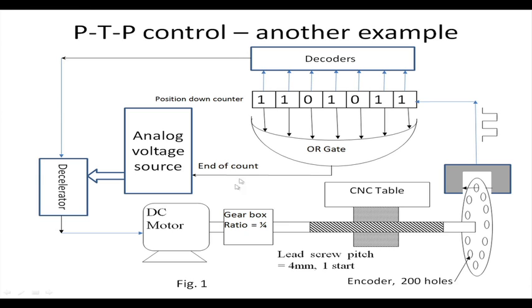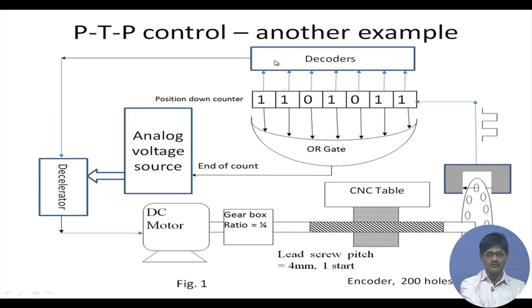This way, decoders sequentially reduce the voltage to the motor from the analog source, and the motor decelerates and finally comes to a halt at the required position. So, this is an example of point-to-point control with closed loop control.